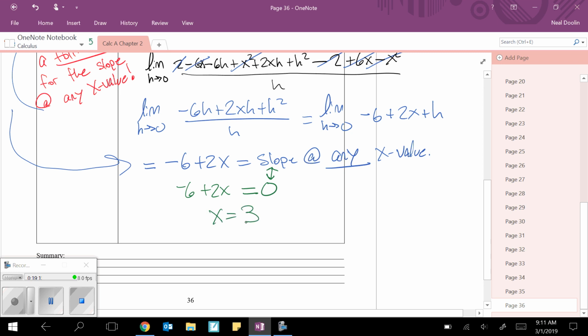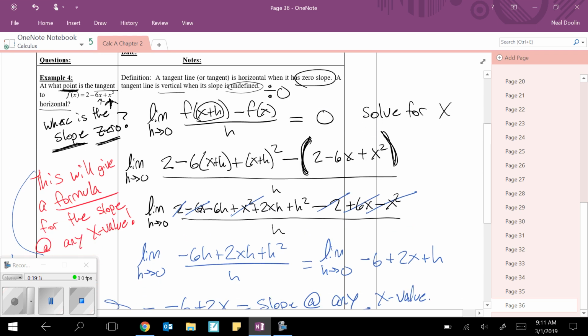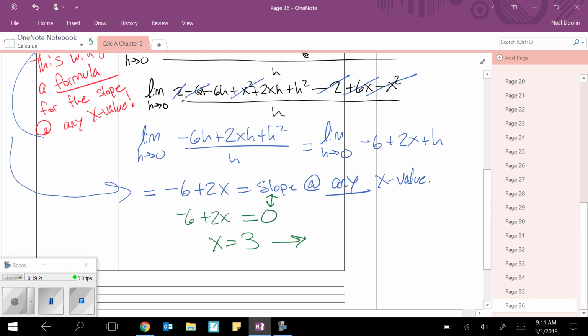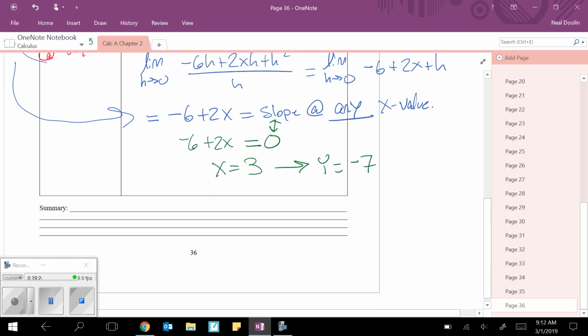Oh, yeah, it was 2 minus 6x plus x squared. I think negative 7 for the y value. So again, that means at the point 3 comma negative 7, f of x has a horizontal tangent.